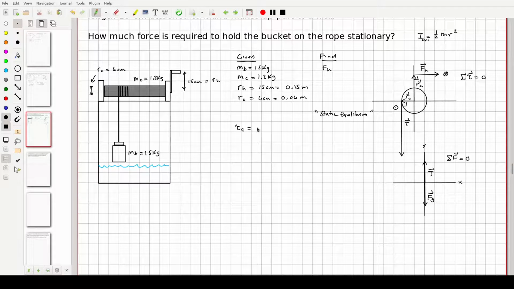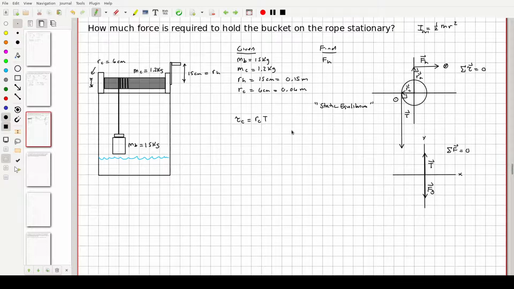And it is going to be R sub C times T times sine of the angle in between, which is 90 degrees, which is 1. Now, this one right here, which I'm going to call torque sub H for at the handle, is negative when we add it in.